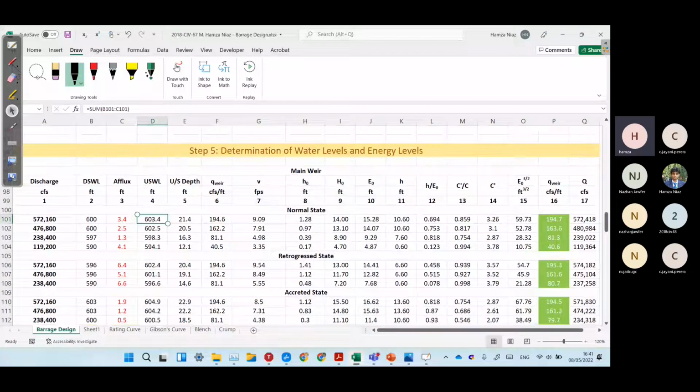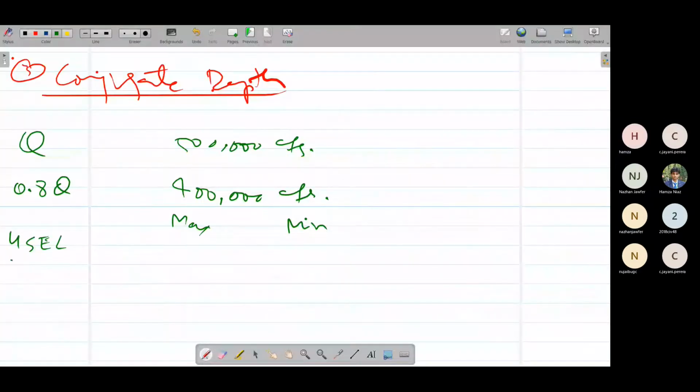If we simply add this H naught, small H naught, to it, we'll get the upstream energy level.